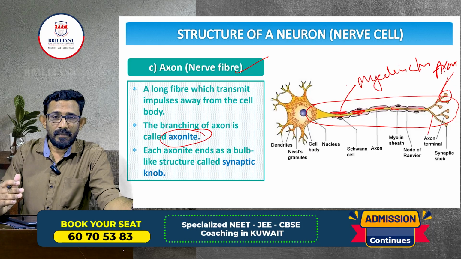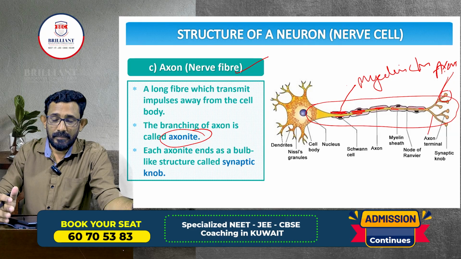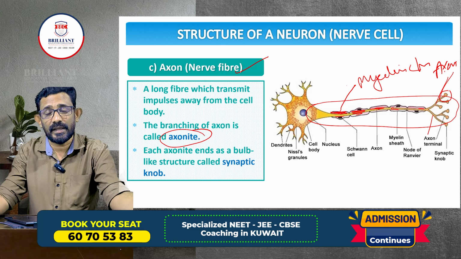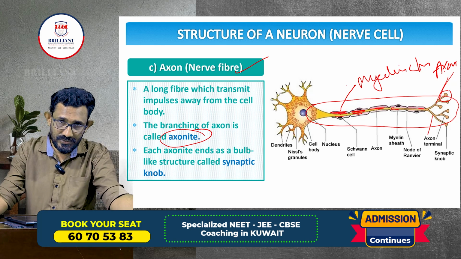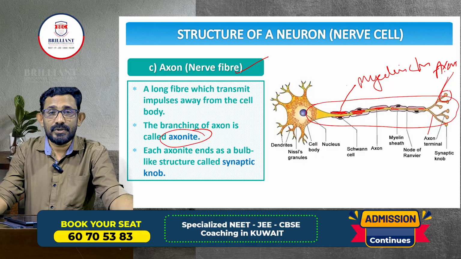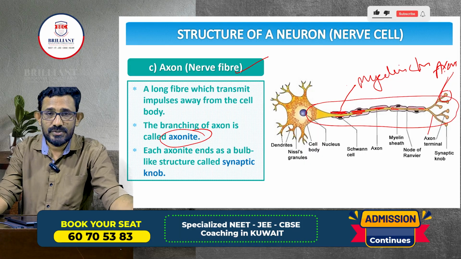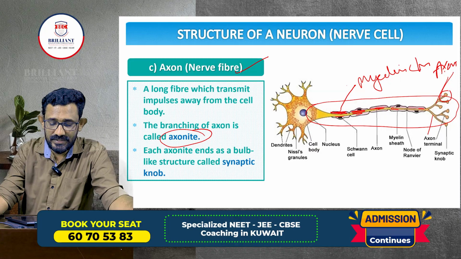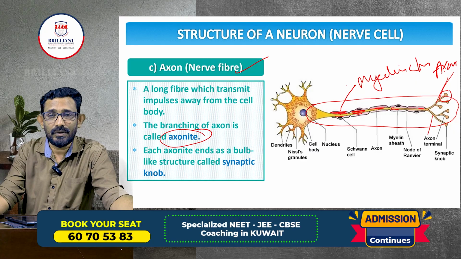And this myelin sheath may be present or may not be. So myelinated neurons are also there, non-myelinated neurons are also there. Myelinated neurons appear white in color, so they are called white matter. But in the absence of myelin sheath, it seems gray in color. So gray colored or non-myelinated neurons are called gray matter.